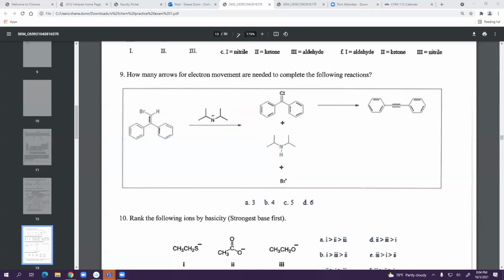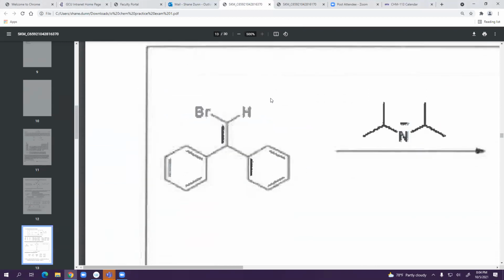Let me zoom in real quick to make it easier. Sorry, was it the bond you're thinking of? Oh, hi, Nicole. Yeah. Bromine leaves, okay, right? That's good. Which makes this guy positive, right? That bond will break, making that carbon normal now, right?